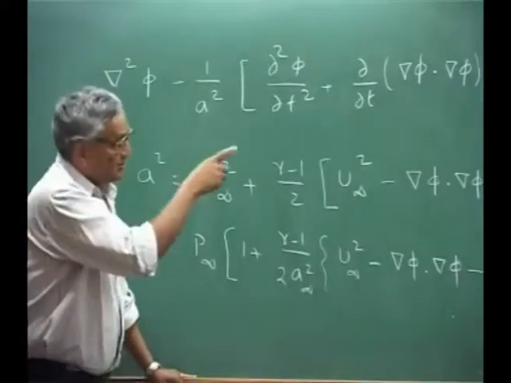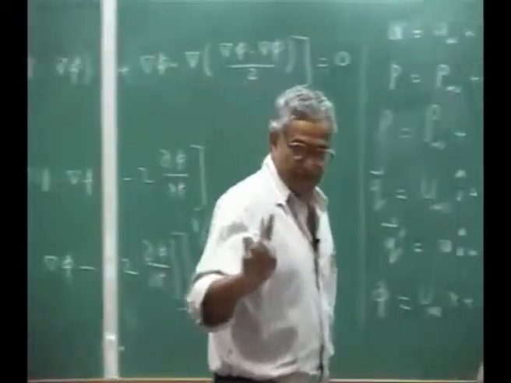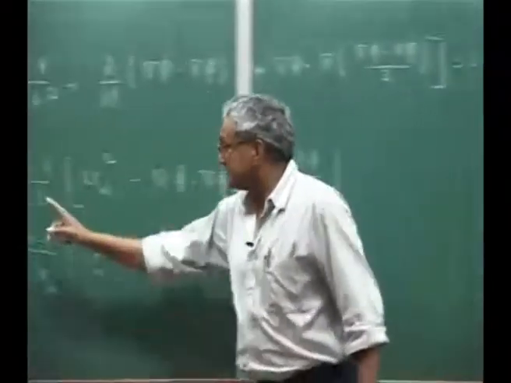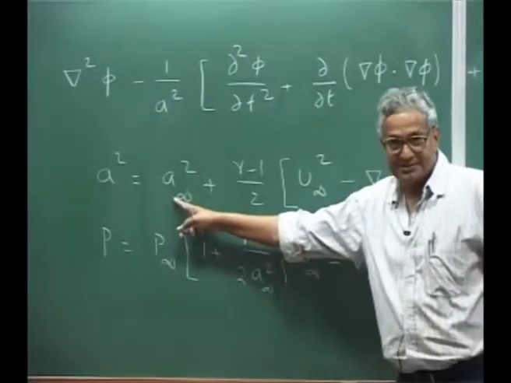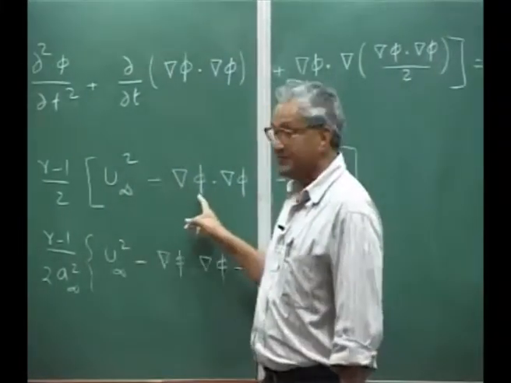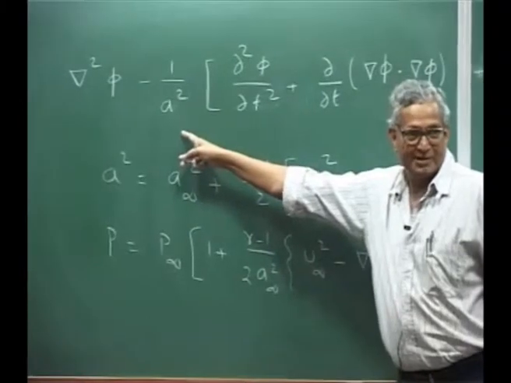Now I say, for the small perturbation, I am going to assume a square is a infinity square, because the moment I do not, it is again a nonlinear equation, because I am going to get phi in the denominator.